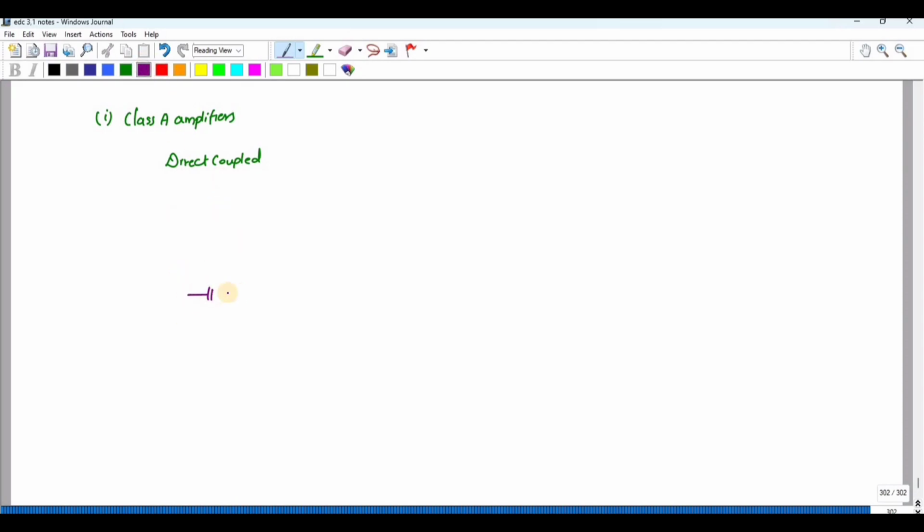So let us discuss the circuit diagram of the direct coupled class A amplifier. Here we are using a common emitter configuration.